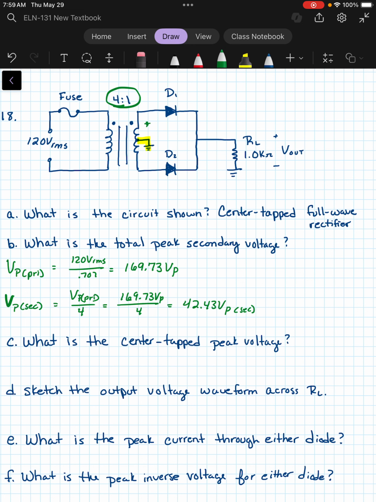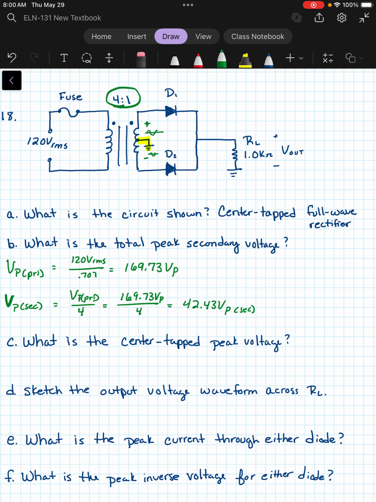Now, that is measuring from this side to this side of the transformer output. It is not using the center tap. So the center tap basically will split this 42.43 into two different waveforms up here. So we'll have one half of the waveform here, the other half of the waveform here.